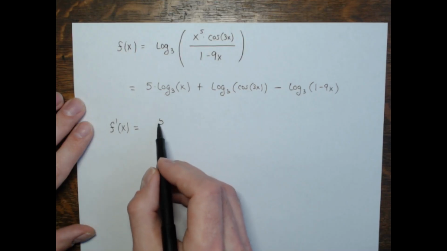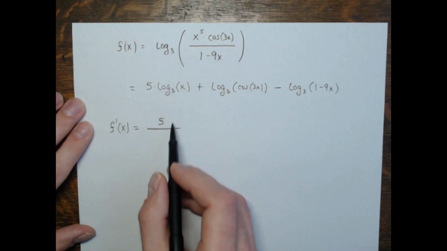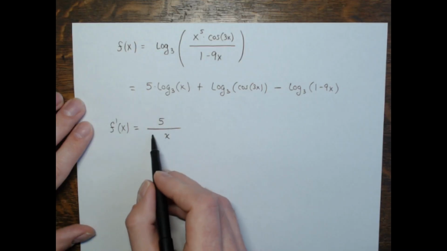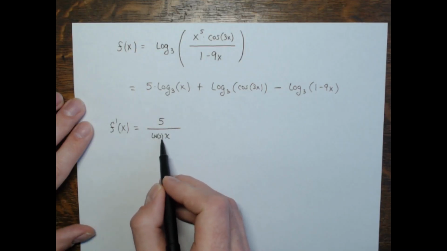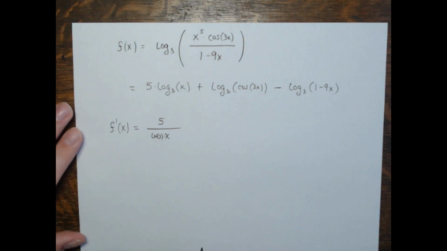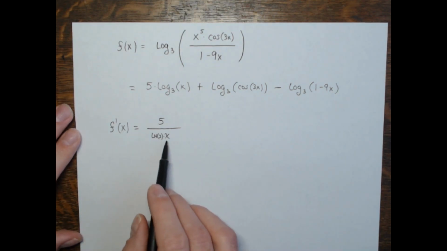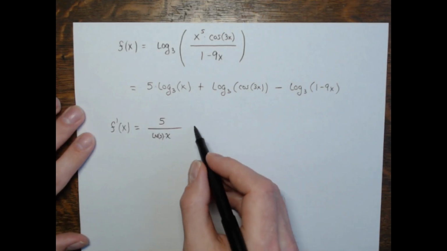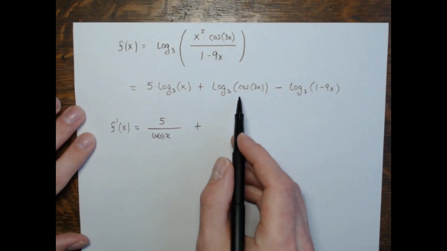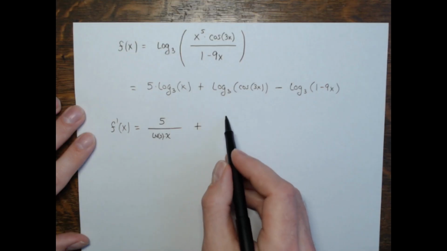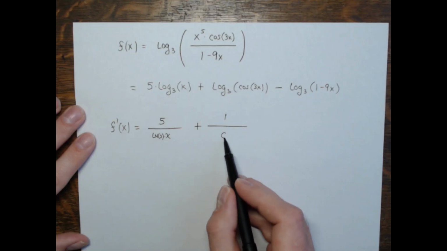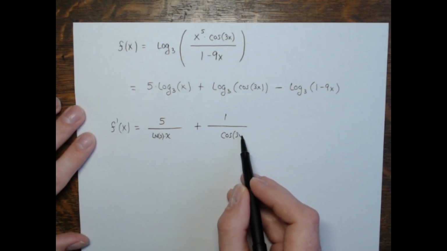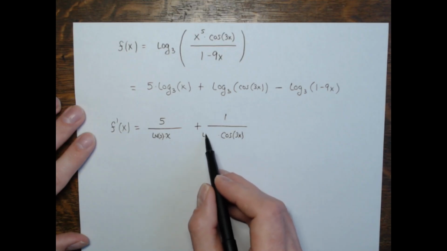And this will be 5 times 1 over x, but then you've got the natural log of 3 down there with the x as well. So x times the natural log of 3, or natural log of 3 times x. All right, then plus, and then again, 1 over the cosine of 3x, but times the natural log of 3.